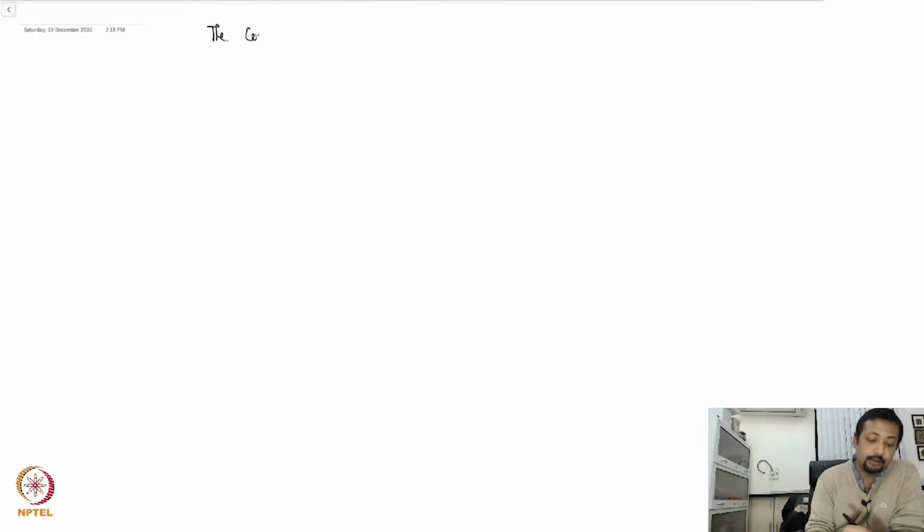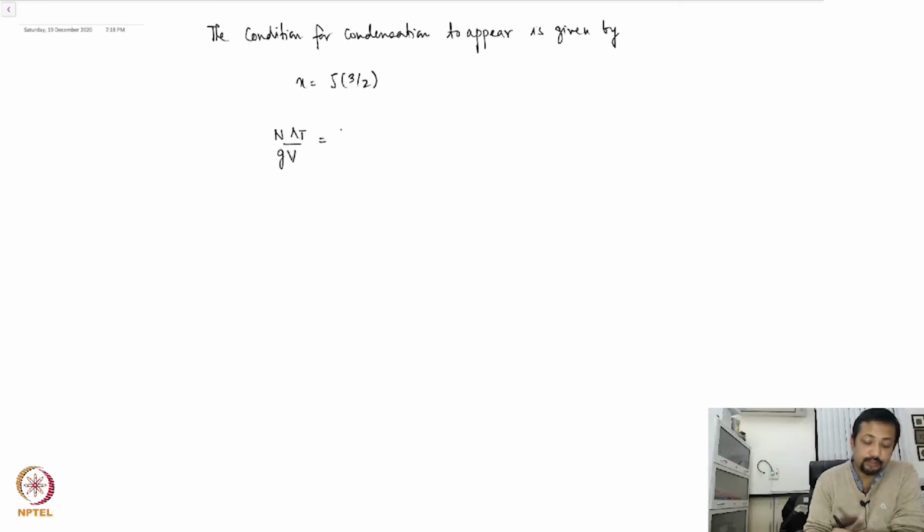The condition for condensation to appear is given by x equal to zeta 3/2, right, which is n lambda t over gv is going to be zeta of 3/2.